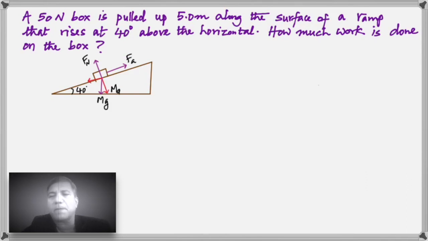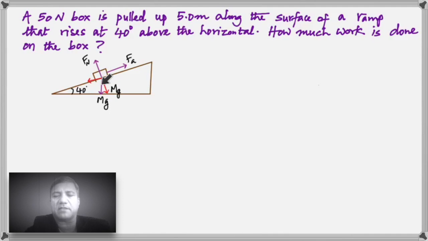This question does not talk about friction. So if a question does not talk about friction, you assume that the surfaces are frictionless. All right? So there is no friction, and so the only thing we got to do is break up the weight into its components. Since we have the x-axis along the ramp and the y-axis perpendicular to it, we got to break the weight into those two directions.